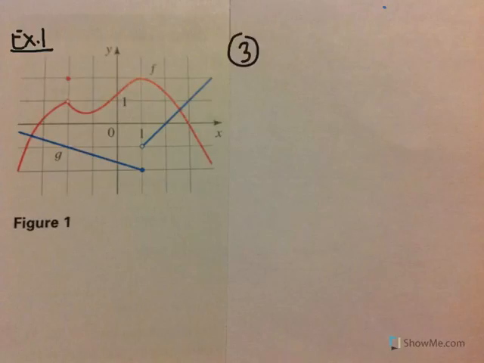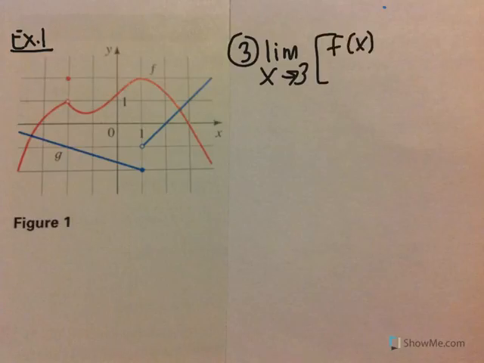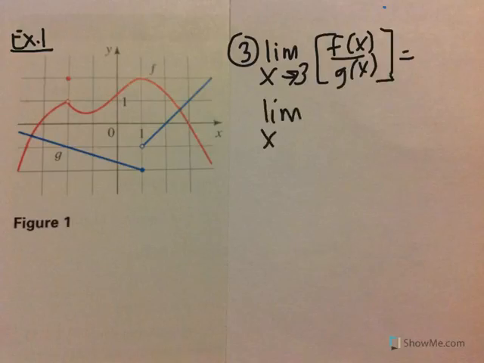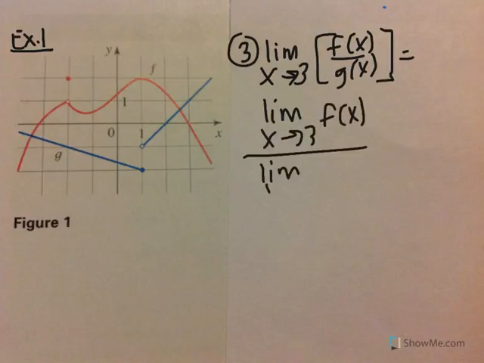So my third example, I have the limit as x approaches 3 of f of x over g of x. So we can calculate the limits separately. This is the same thing as the limit as x approaches 3 of f of x divided by the limit as x approaches 3 of g of x.